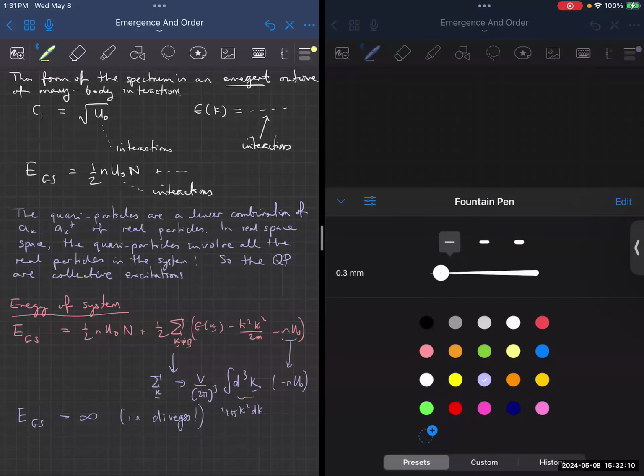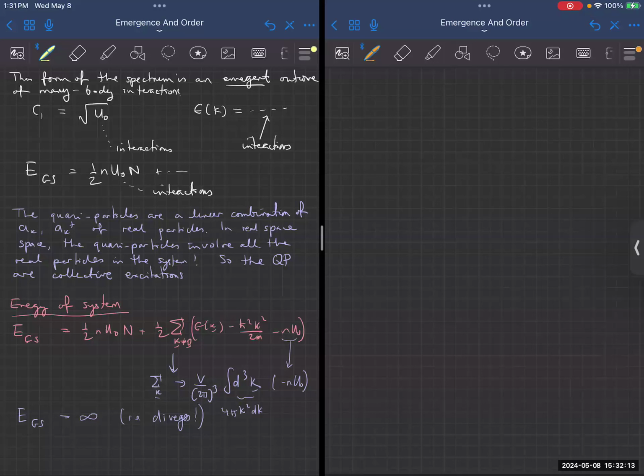But the solution to this is you have to go to higher order. So now if you go to next order in perturbation theory, and I'm not going to go through that at all.